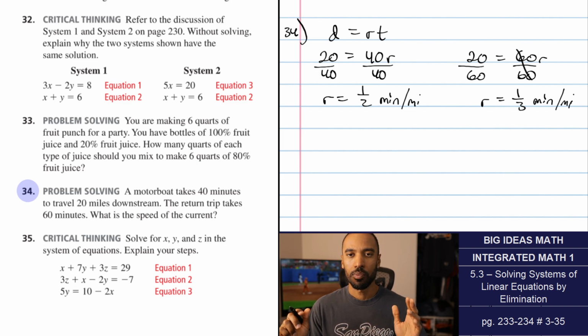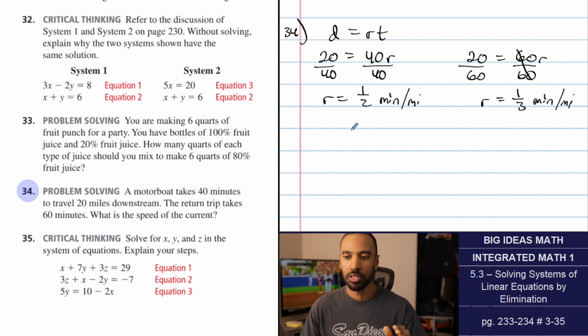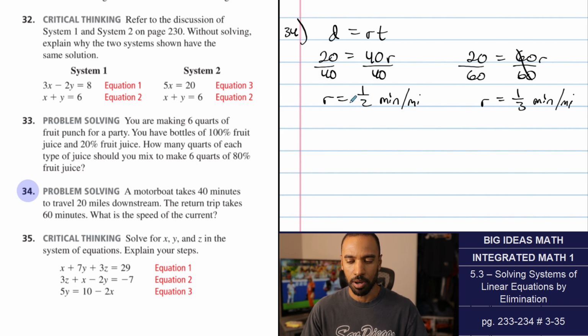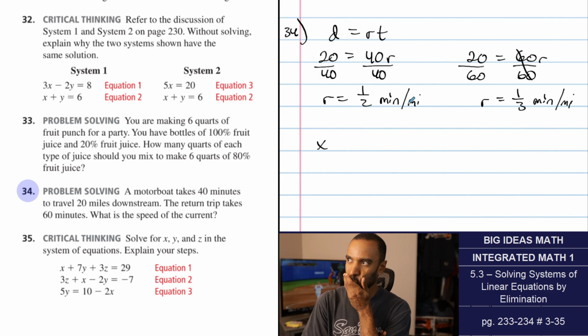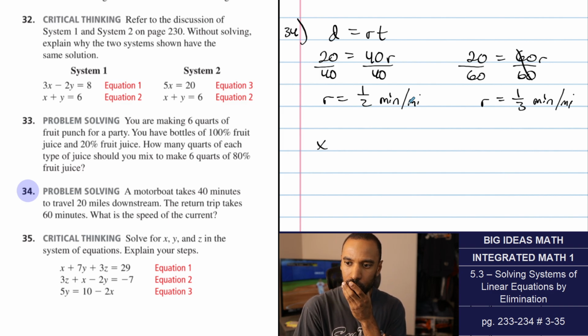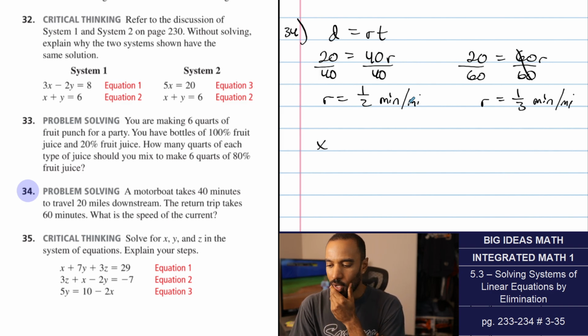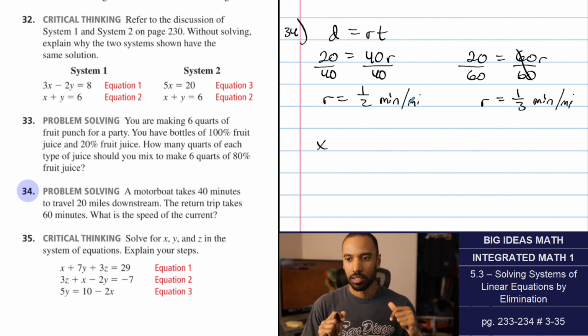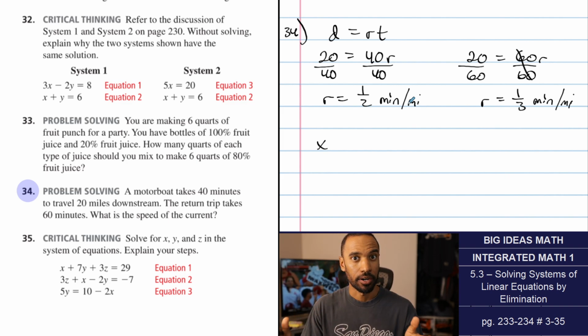Here's the thing. The thing we don't know is the speed of the current. We still have a couple variables, not distance and rate and things like that, right? We have numbers here. The way that I'm thinking about it is this. If I take the still water, I know what I want to write.